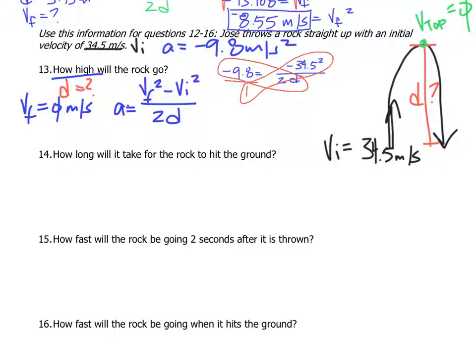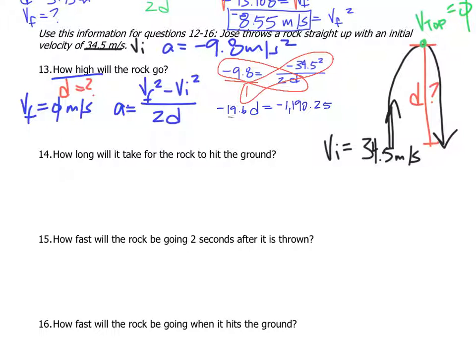And when I do that, it simplifies to negative 9.8 times 2D is negative 19.6D equals, and 1 times the negative 34.5 squared gives me a negative 1,190.25. And my last step is to get D by itself.